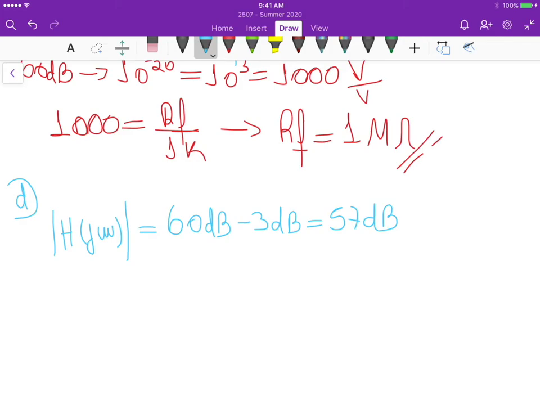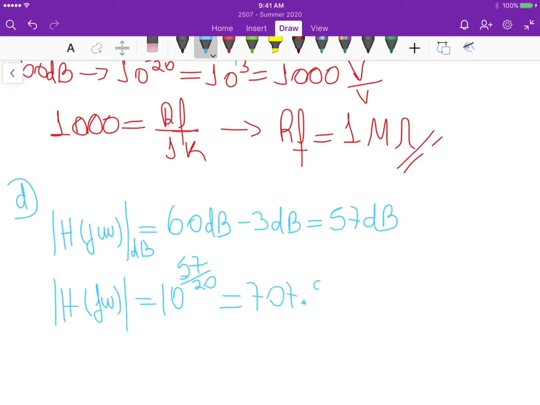In a linear scale, this 57 dB corresponds to a magnitude of 10 to the 57 divided by 20, which is 707.94 volt per volt.